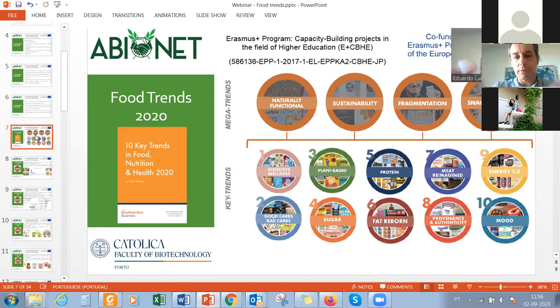More than the trends for 2020 themselves, which could be interesting, it is also the way we use trends to engage students in the learning processes that we propose to them, and the different sources of information about food trends that we can find for free, and those we can find by paying if we are more focused on the issue.